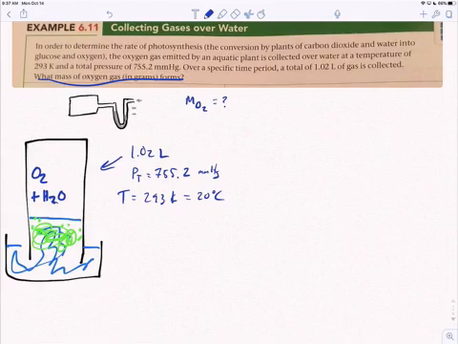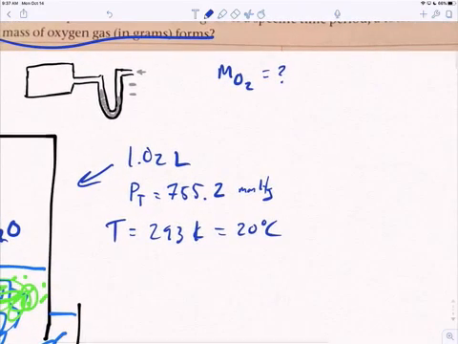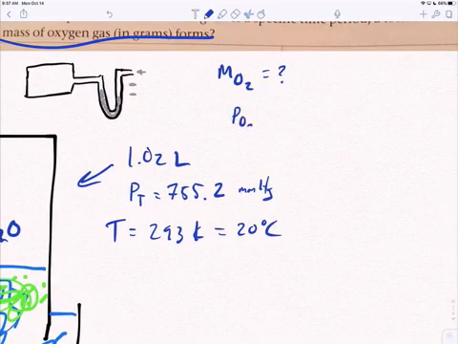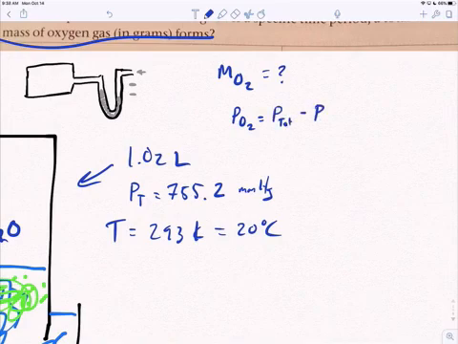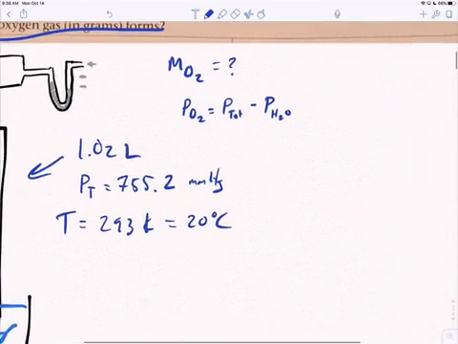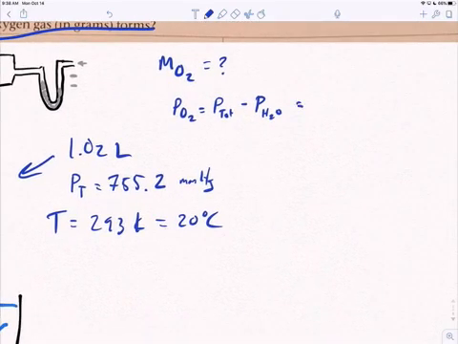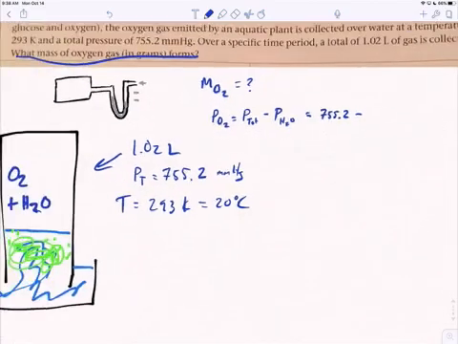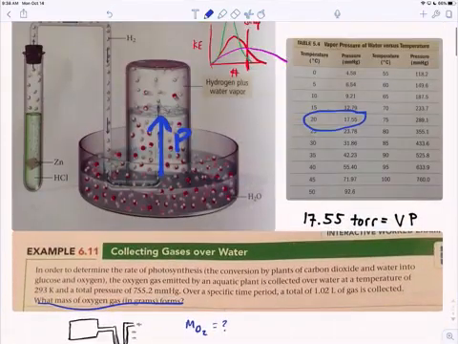And we know there's water there. Same idea as what we did with the mass of argon, we need the pressure of oxygen. This is the total pressure minus the pressure of the water, so we have to take out the vapor pressure of water. This is 755.2 minus the pressure of water, and from the chart, it's 17.55.